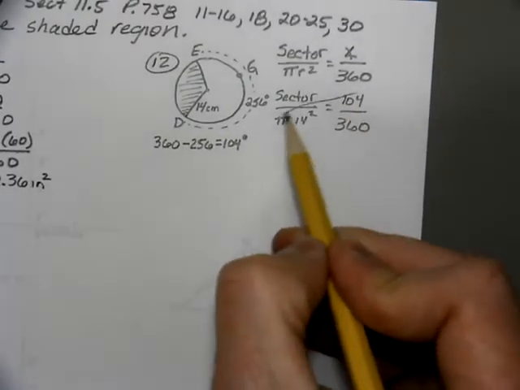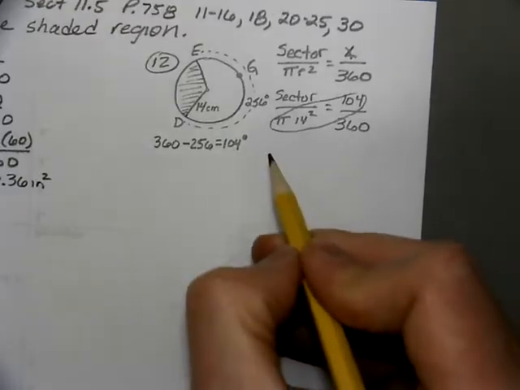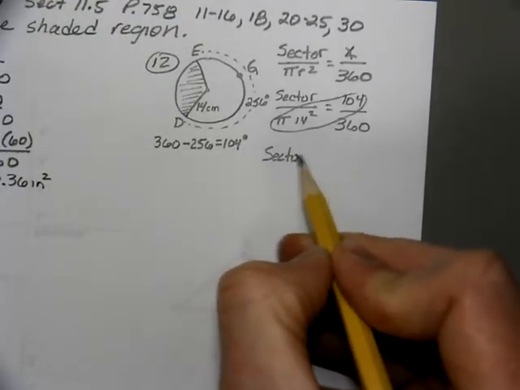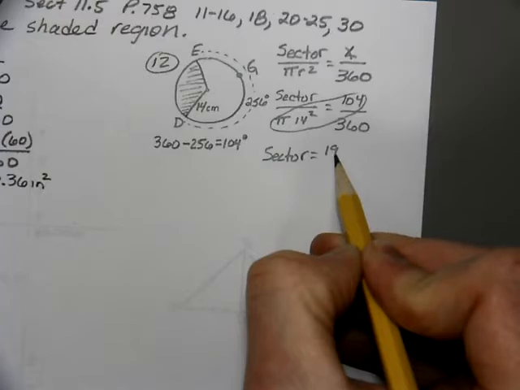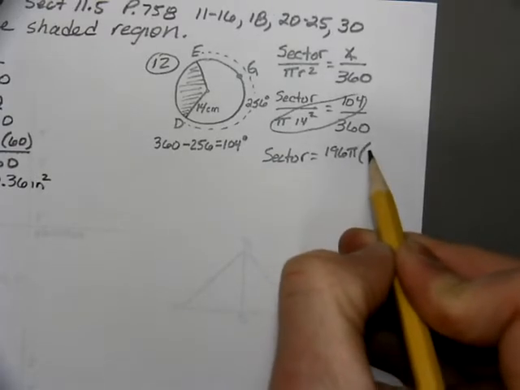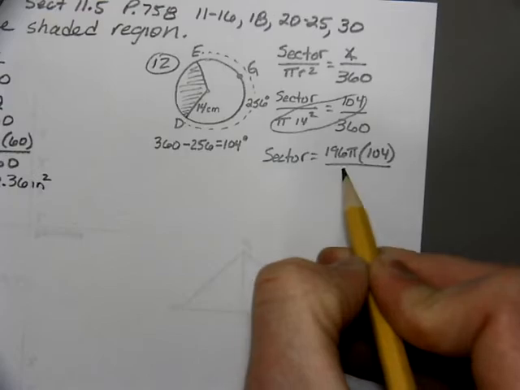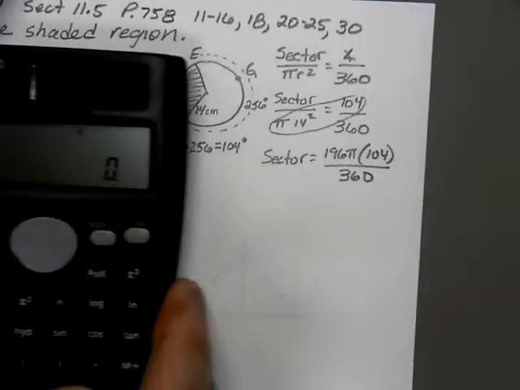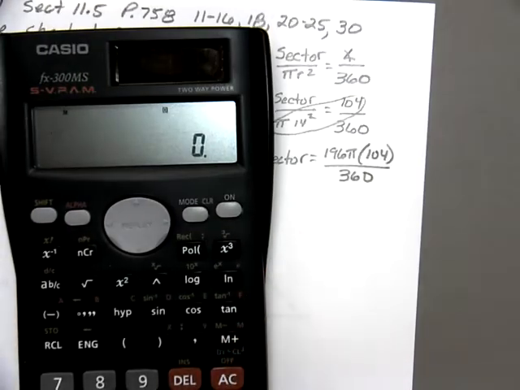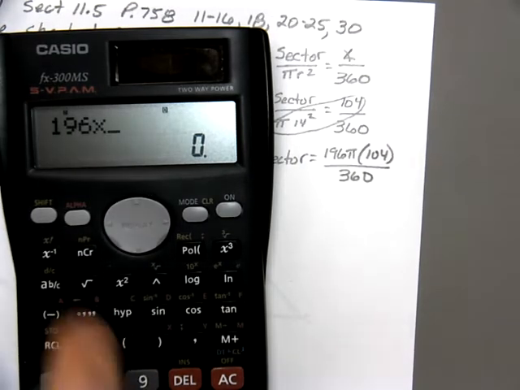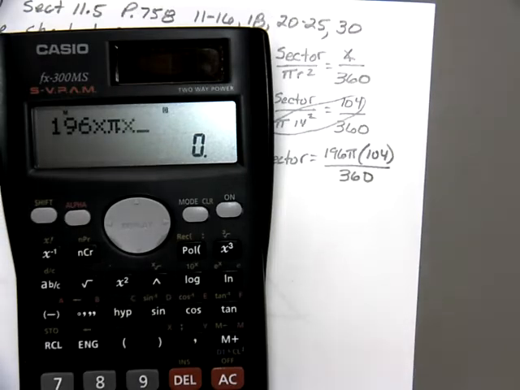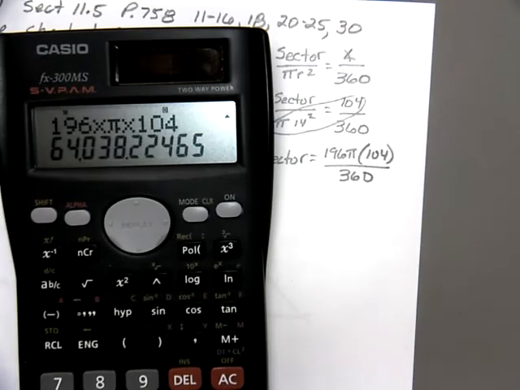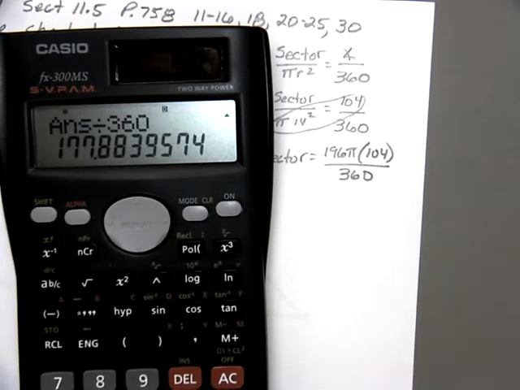So now we can cross multiply. The sector area equals 196 pi times 104 divided by 360. So we'll get our calculator and use 196 times the pi times 104 and divide that by 360.